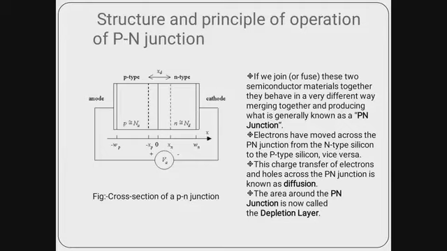They leave some immobile ions across the PN junction. If electrons are moving from N to P side, then they will leave positive immobile ions. Similarly, when holes are moving from P to N side, they leave negative immobile ions across the junction.